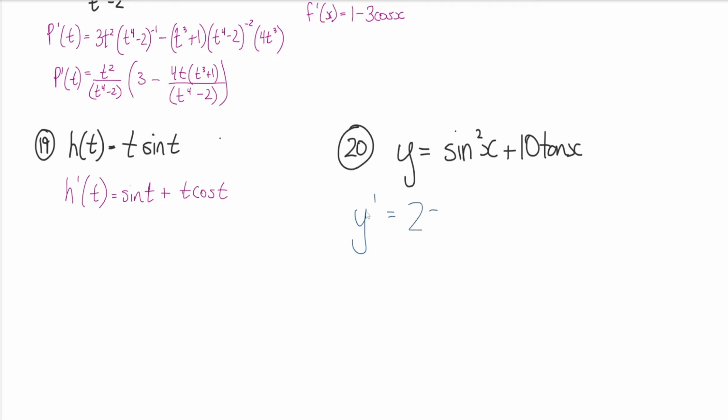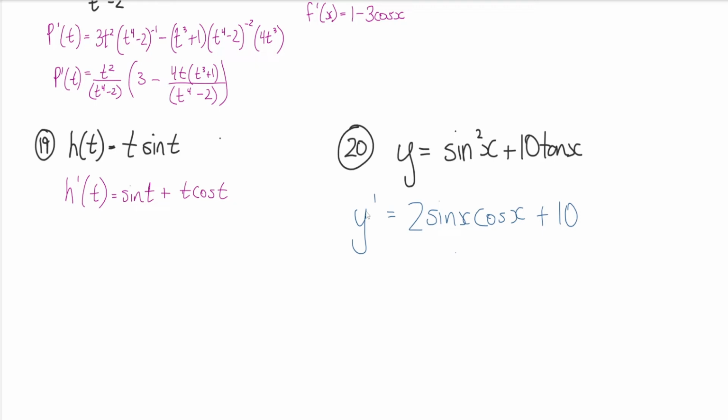So 2 sine of x, and then what's the derivative of the inside? The inside is just sine of x itself, so the derivative of that is cos of x. You'll notice this is sine of 2x. That's the identity, right? But let's forget about that. Plus 10, and now tan of x.